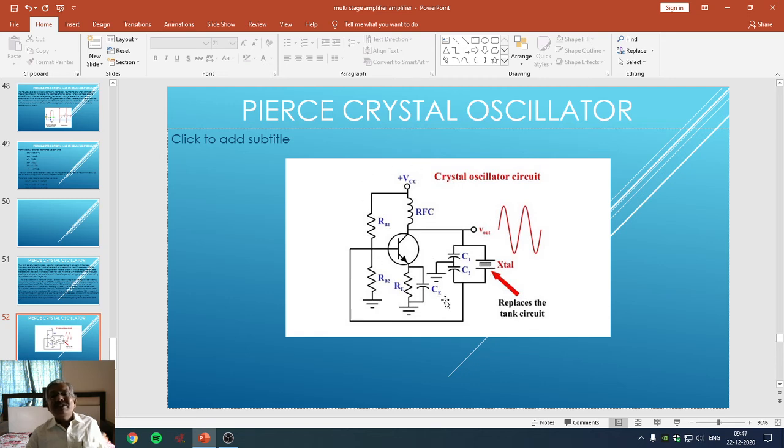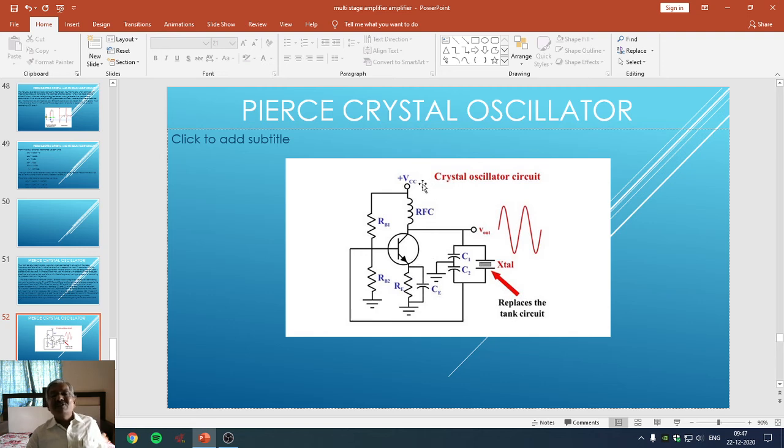If you adjust the hFE of this particular transistor equal to C1 upon C2, then the internal loop gain of this circuitry, that is Aβ, becomes greater than or equal to 1. The second condition is also satisfied.